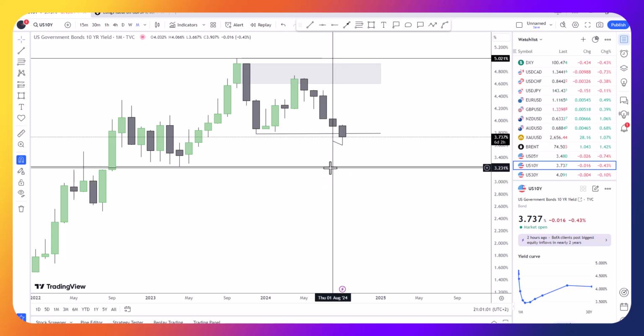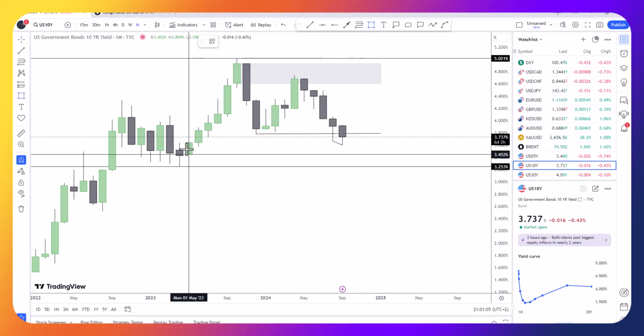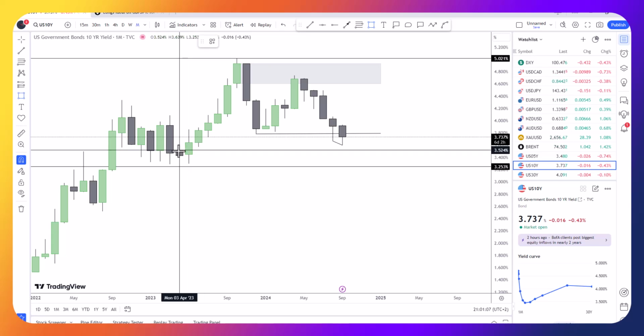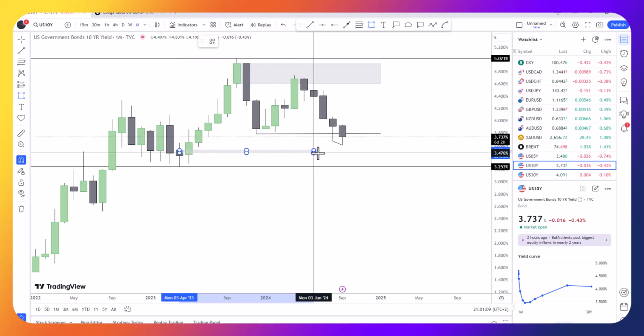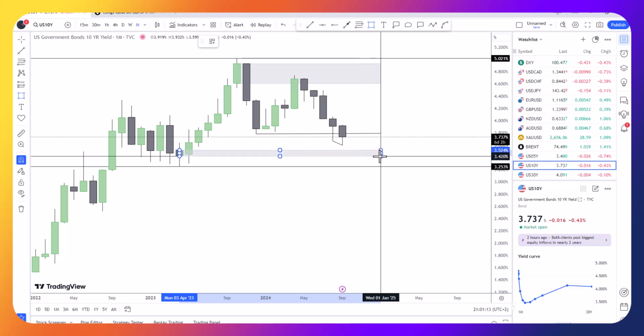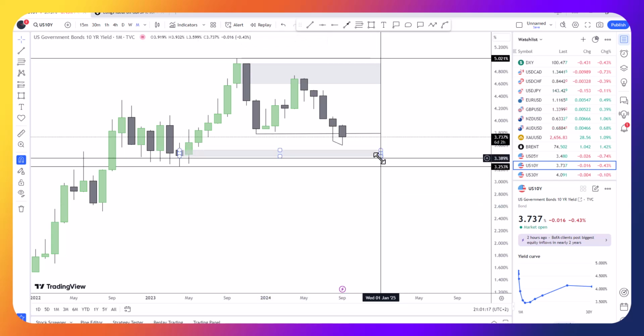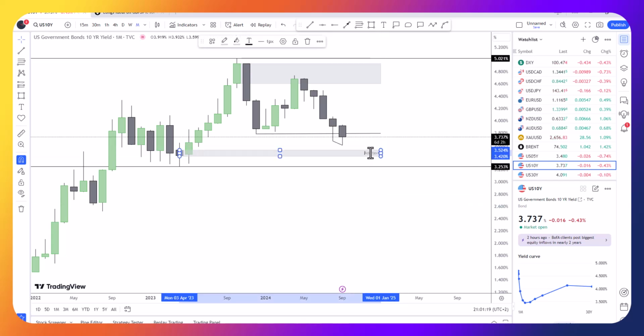That's our target for the year, right? But in between, you've got these PD areas here. Like for instance, we've got this monthly bullish order block, right? This is also a target in terms of, okay, that's our MN bullish OB.